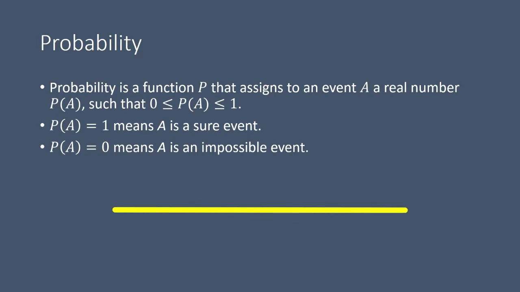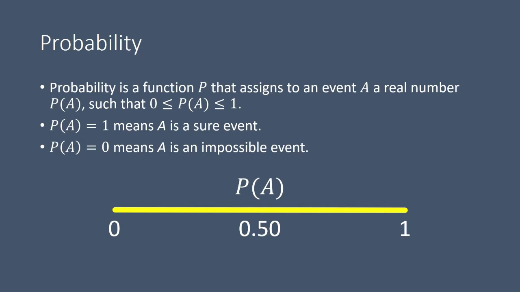So you can look at the function that assigns a real number to an event in this way. We have a line segment. At one end we have 0, at another end we have 1, and in the middle is 0.5. P(A), the probability that event A is going to take place, is equal to a real number in this interval.